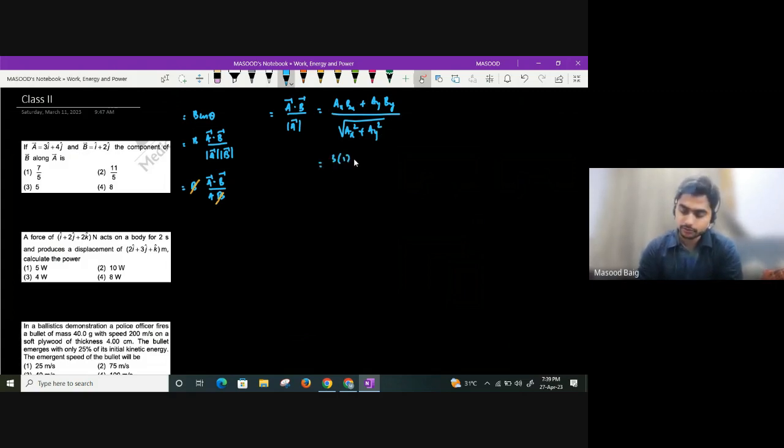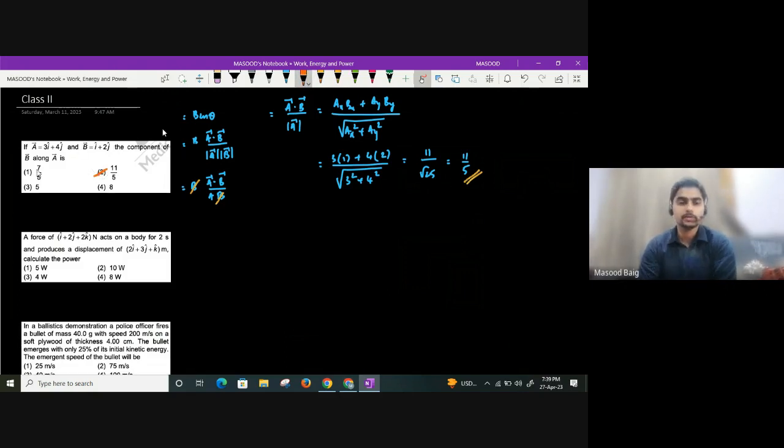What is x component of b? 1. Y component of A 4, Y component of B 2, divided by under root of 3 square plus 4 square. So how much is this turning out to be? 3 plus 8, you will get it as 11, divided by 9 plus 16 will be root 25 you are going to obtain. So the answer should be 11 by 5 units. Clear?